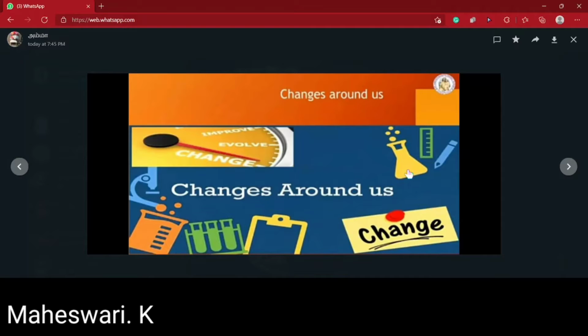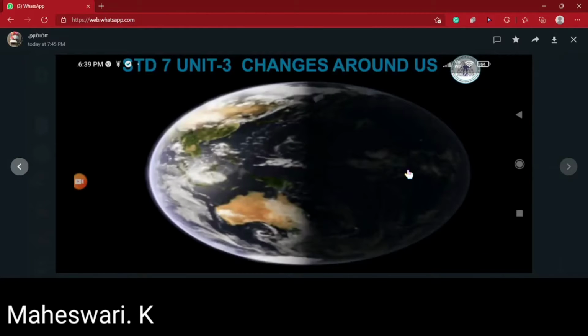Changes take place around us all the time. A change refers to an alteration in physical properties or an alteration in the composition of matter.